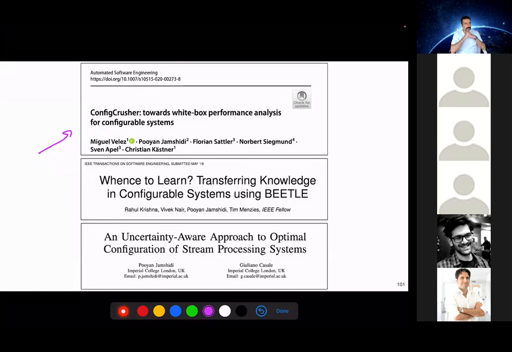This is based on some code analysis and some granular white box analysis. This would open up new opportunities for research in this direction. Rahul also has done a very interesting work on transfer learning with detail that was published in IEEE Transactions recently.